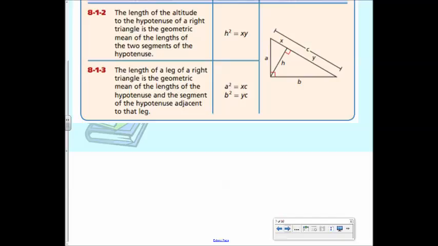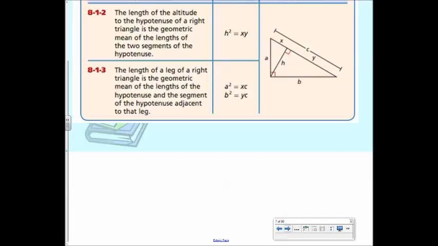So these corollaries have to do with what we just talked about. So in 8.1.2, it says the length of the altitude to the hypotenuse of a right triangle is the geometric mean of the lengths of the 2 segments of the hypotenuse. That's complicated, so let's break down what that means.